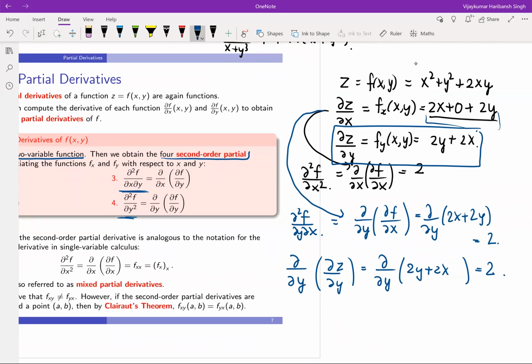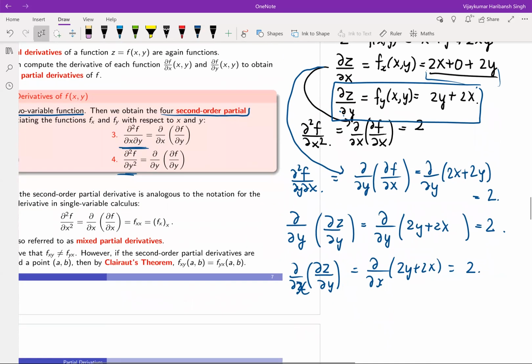And then we take the same and take the derivative of that with respect to x, let's go back to this one, of 2y plus 2x, which is going to be again 2.